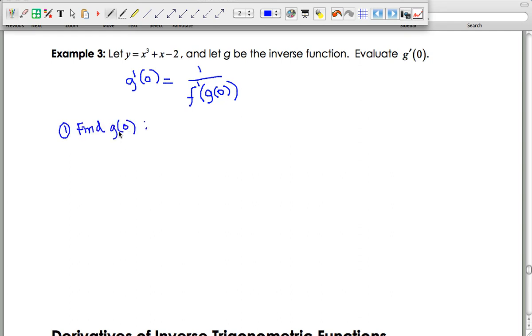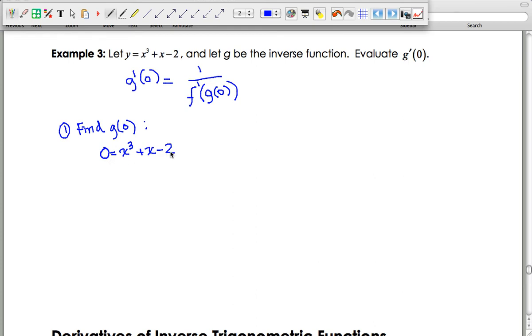Now, if we switch roles, we know y equals x cubed plus x minus 2. We know that this is the main function. So if we switch roles, x for g would be y for f of x. So we say 0, x of g, 0, equals x cubed plus x minus 2.